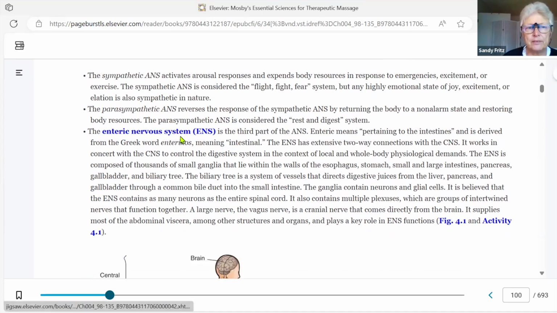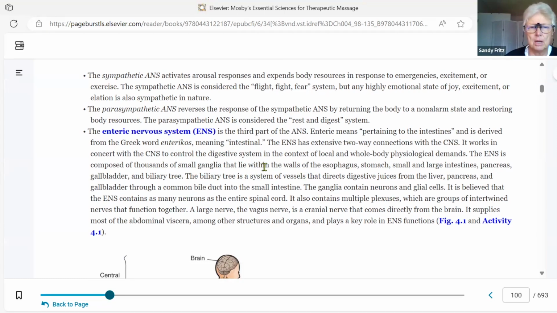We're learning much more about the enteric nervous system, that's the gut, and the bacteria are, interestingly, a major producer of the intestinal flora. They're a major producer of neurotransmitters and hormones.